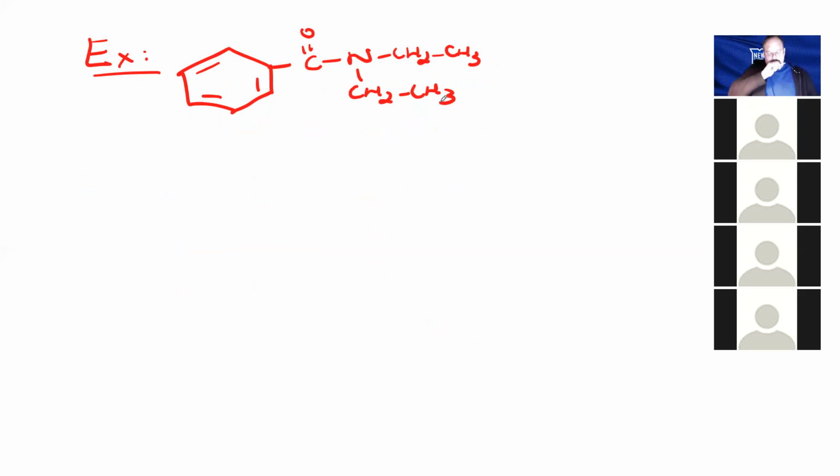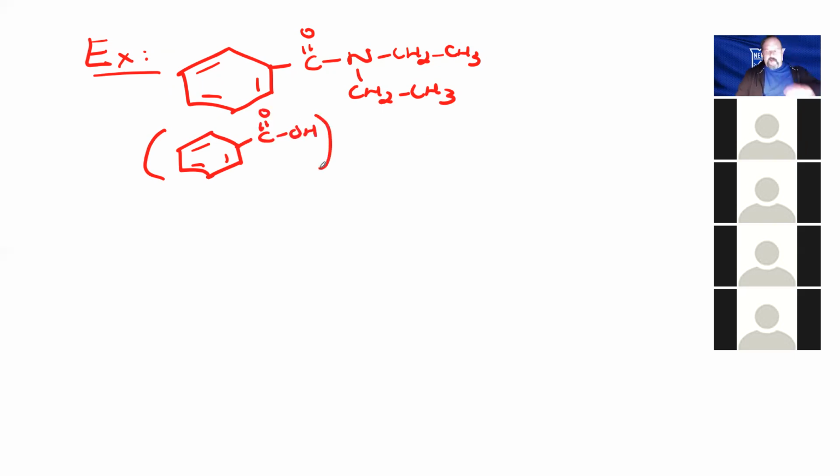So how would we name this compound here? Again, we'd want to pretend that the carbon groups are not on the nitrogen, which would bring us back to a primary amide. And then for the primary amide, we'd want to go back to the corresponding carboxylic acid.